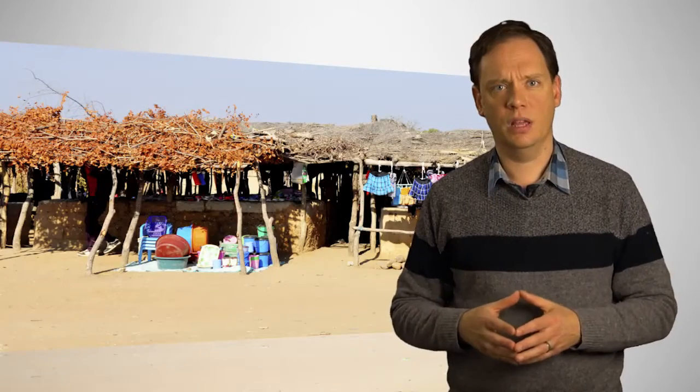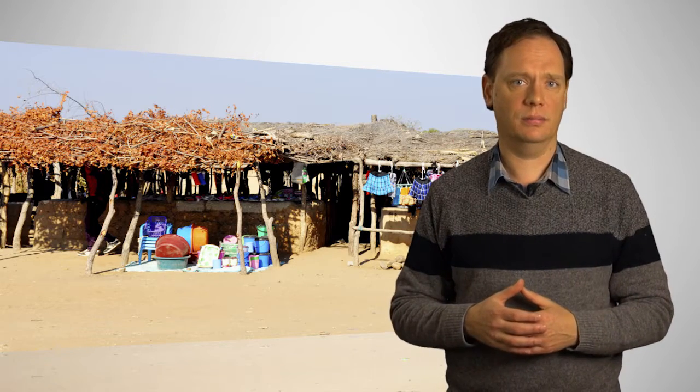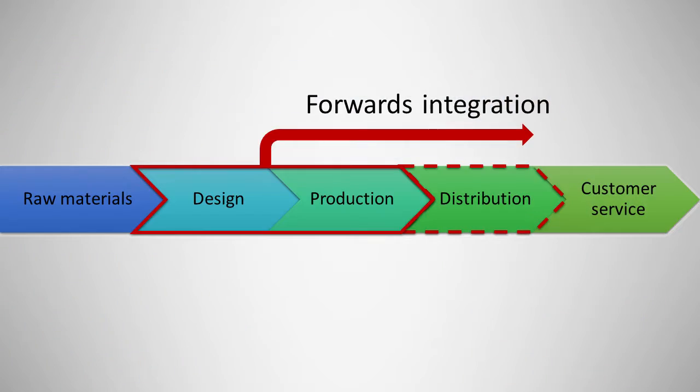For instance, the African distribution channels for your product may not be very good, so you might need to establish your own outlets. This is not something you do in your existing markets. You have now forward integrated down the value chain and need to consider whether you have the resources, the capabilities and capital to set up your own distribution network.